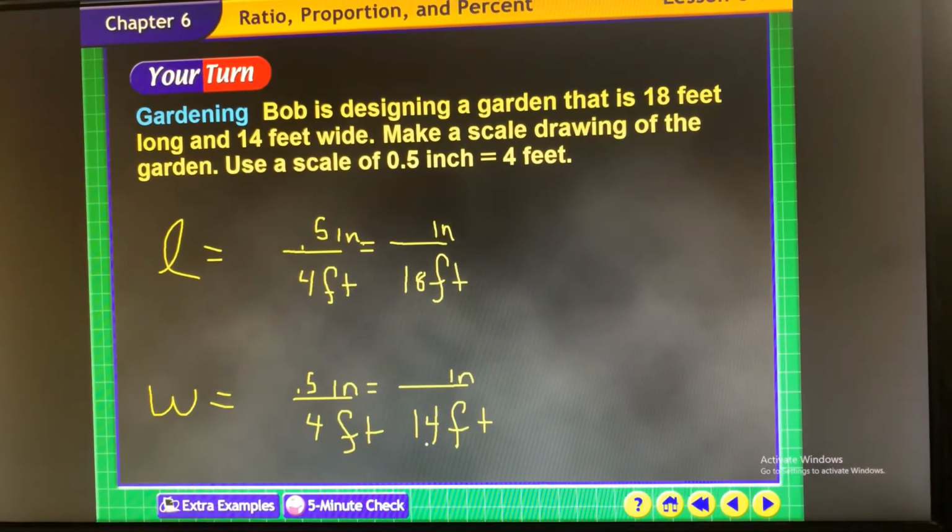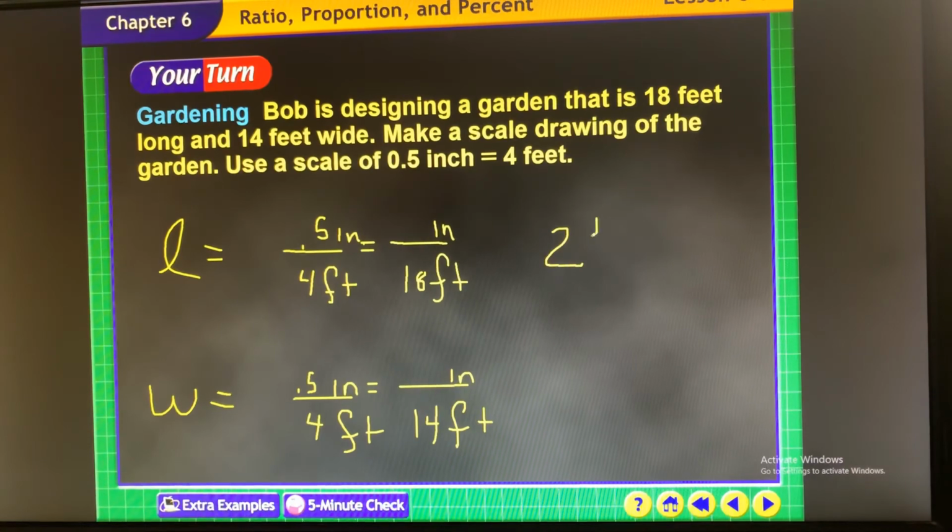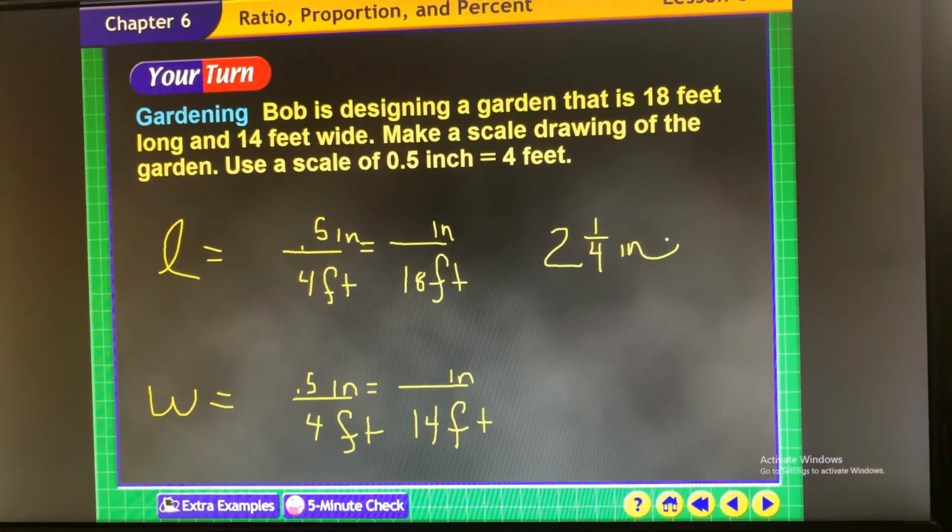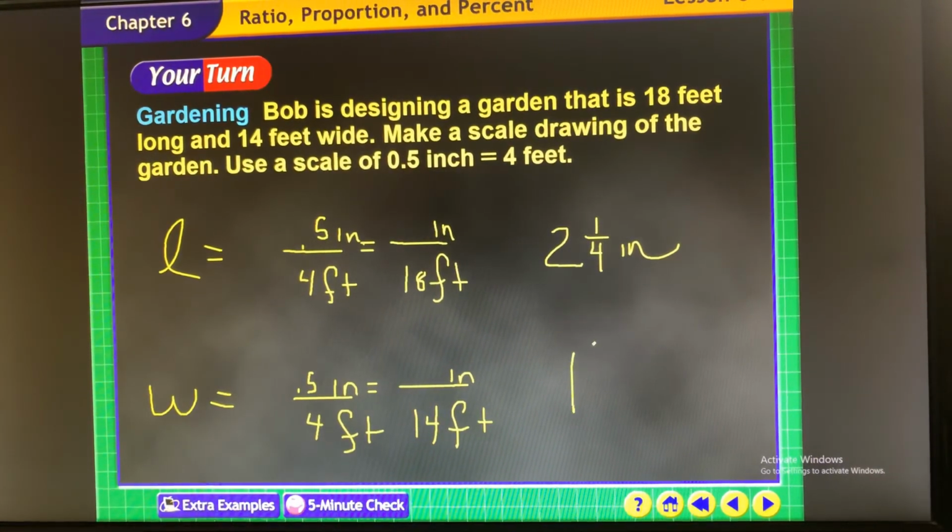And then do your math again. So 1/2 times 18 divided by 4 is 2 1/4 of an inch. And then 1/2 times 14 divided by 4. Wait, didn't we? Yeah, I'm pretty sure they used that same one in the last one, didn't they? So there you go. That's finding the length and the width.